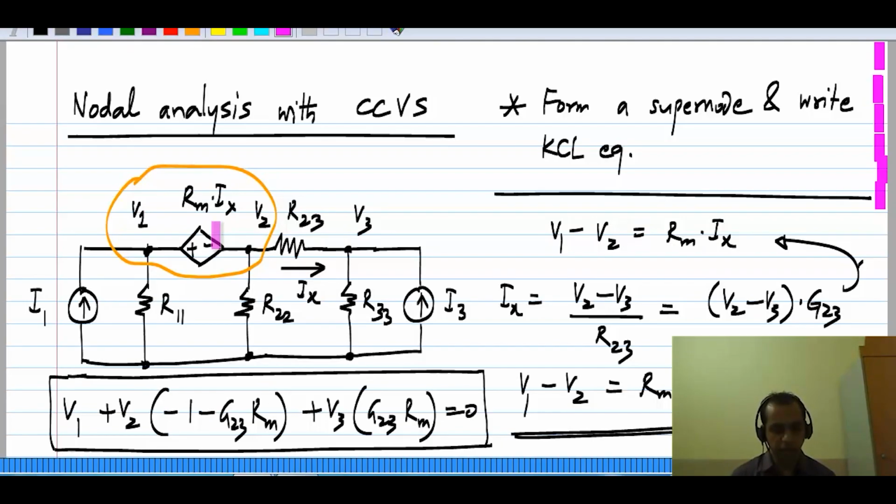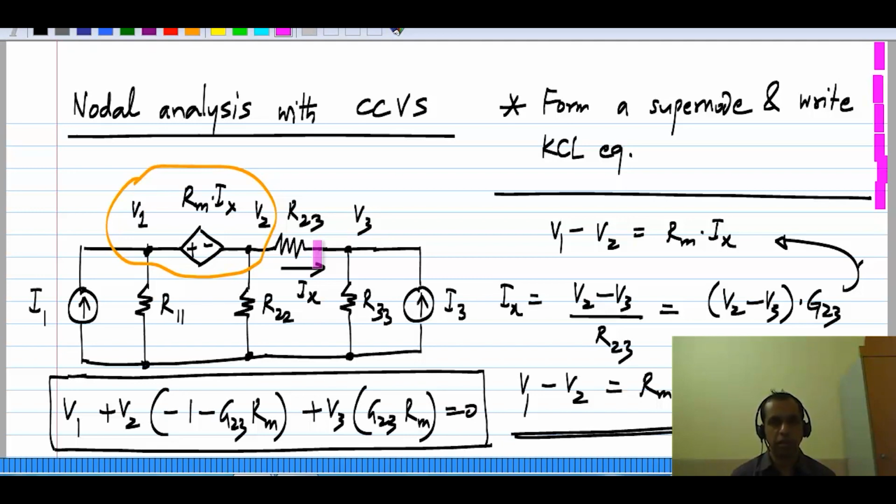So finally you write the controlled voltage source in terms of these voltages V2 and V3, where Ix is flowing in the resistor between V2 and V3. So that is what we will have for a current controlled voltage source.